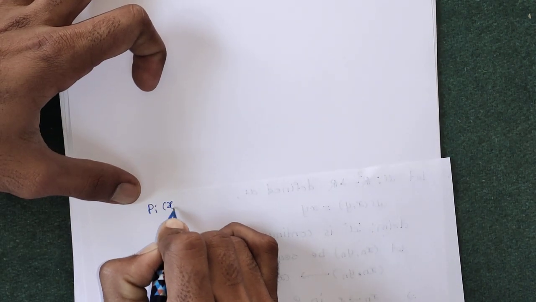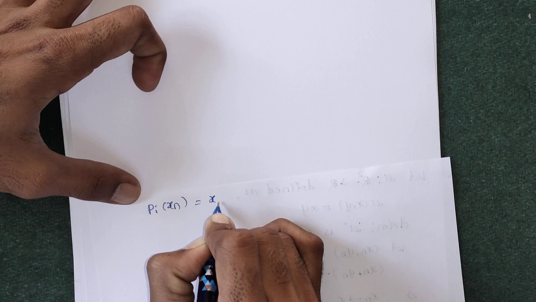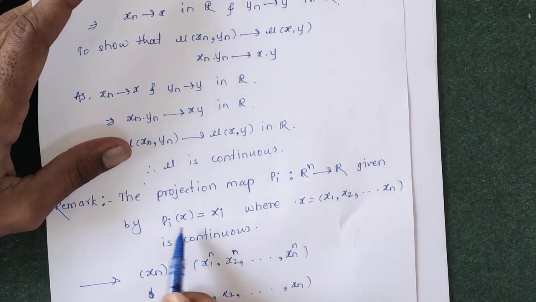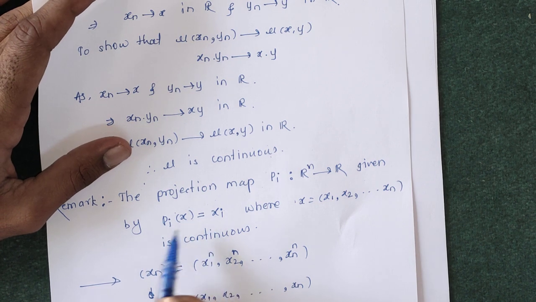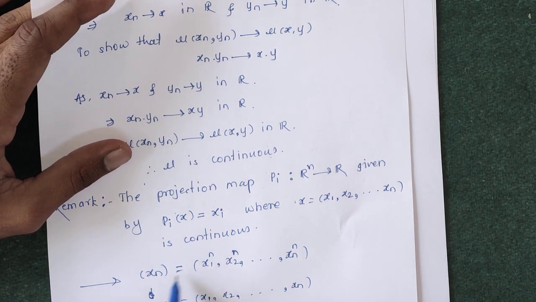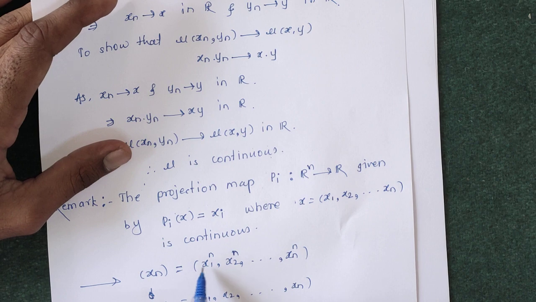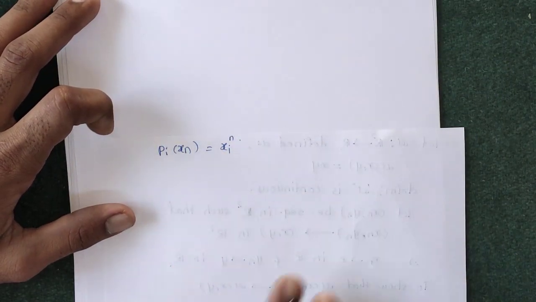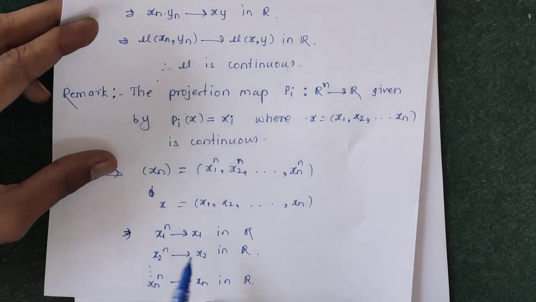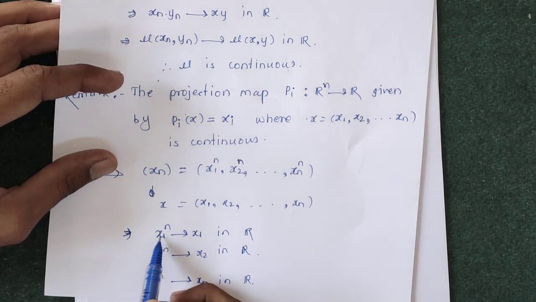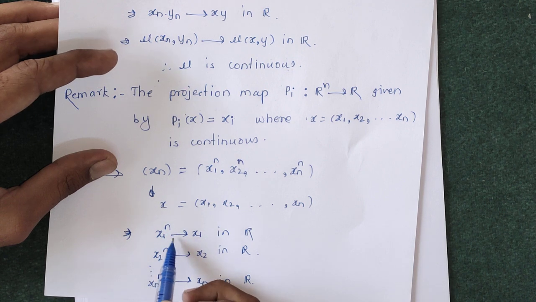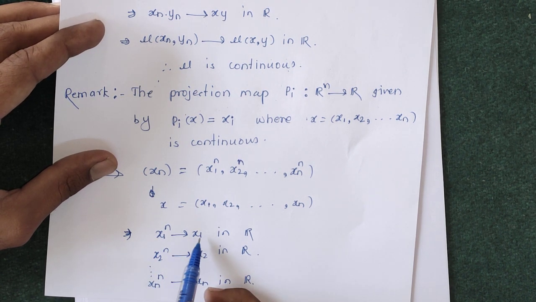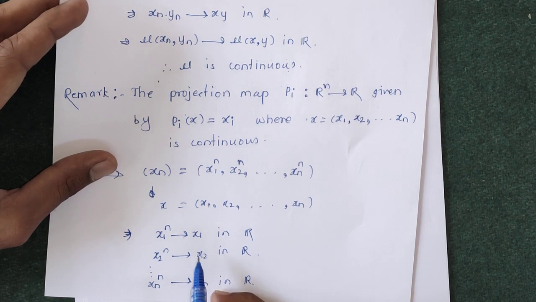Pi of xn is equal to xi. The function is defined as pi of x is equal to xi. So pi of xn, the notation of this sequence, is xi raised to n. Clearly from these lines we can say that xi to the power n converges to xi, because if we put i equal to 1, then x1 to the power n converges to x1, x2 to the power n converges to x2, and so on.